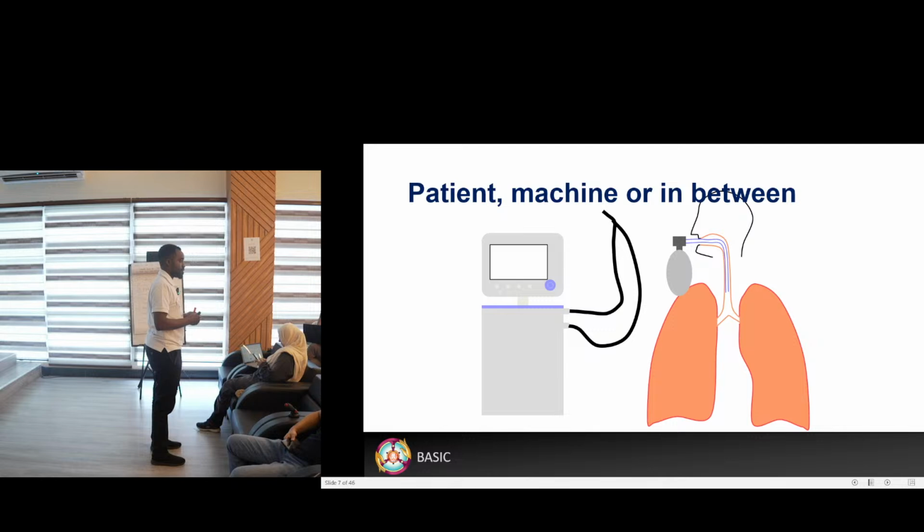One of the team can disconnect the patient from the machine if it's an urgent problem, and one of you can continue ventilating the patient and look, is it the equipment problem or is it the patient problem? Okay?